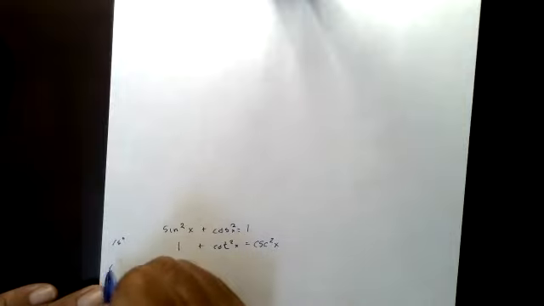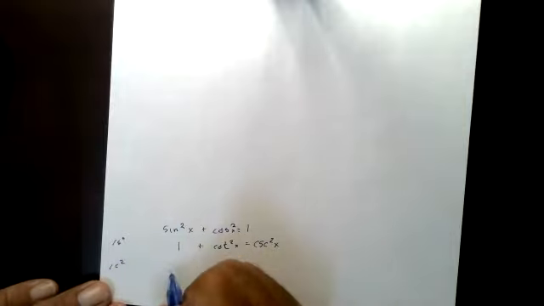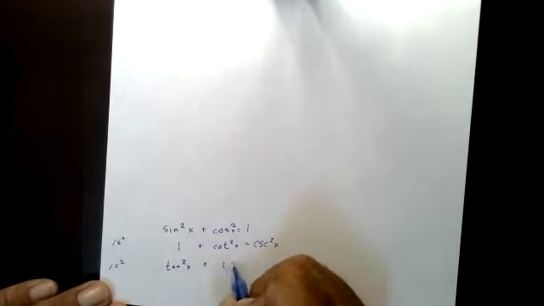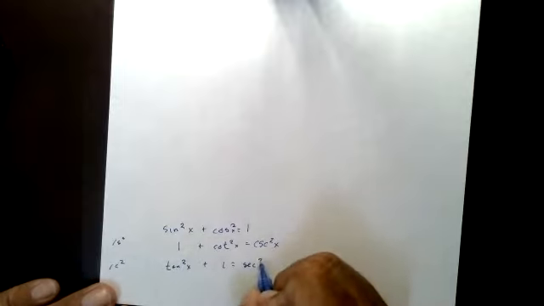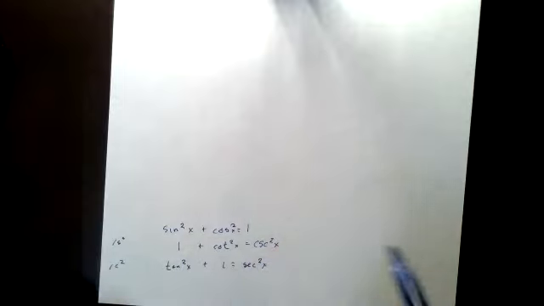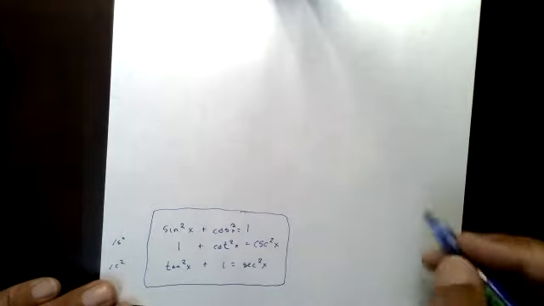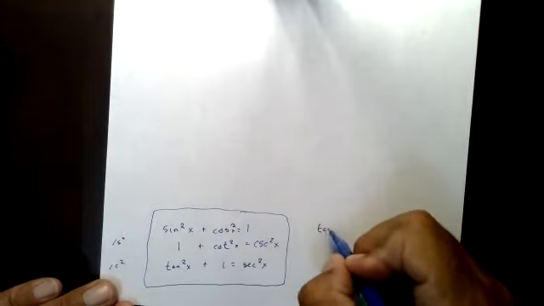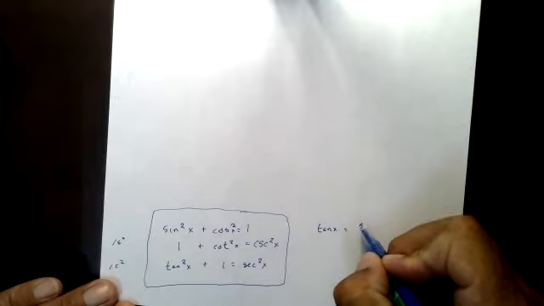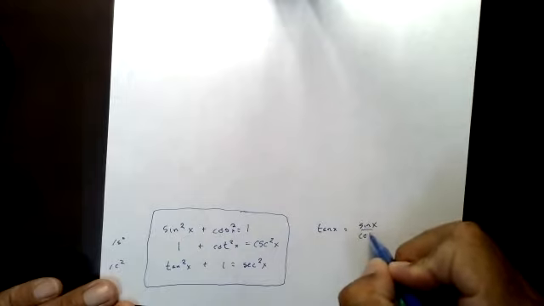If I divide everything by cosine squared, I'm going to get tangent squared of x plus 1 equals 1 over the secant squared. So part of my identities that I'm going to use to prove an identity, I'm going to start with the Pythagorean triples. Other information, I have my tan equals sine of x over cosine of x.